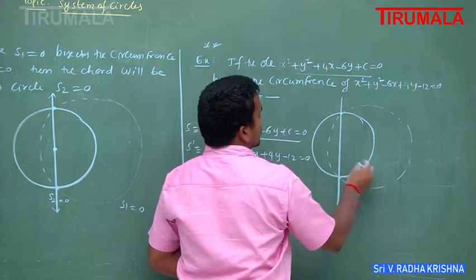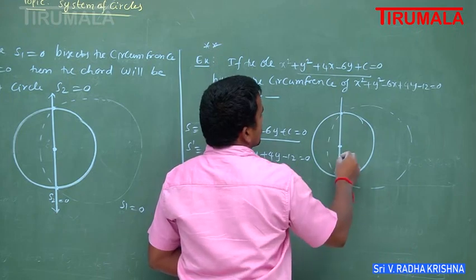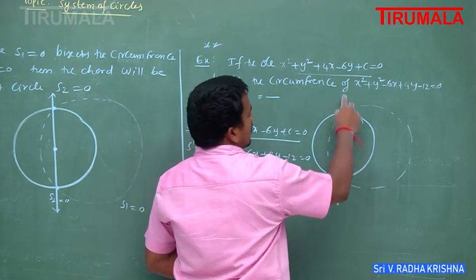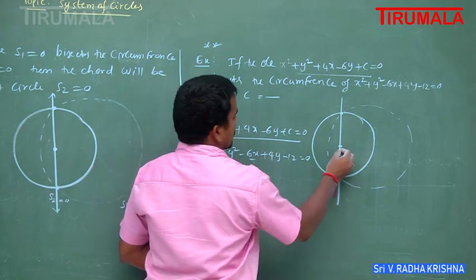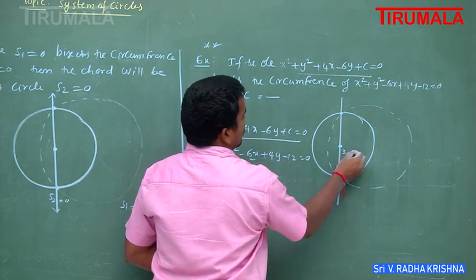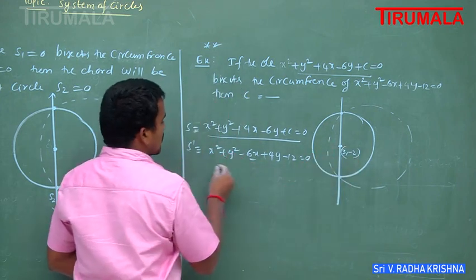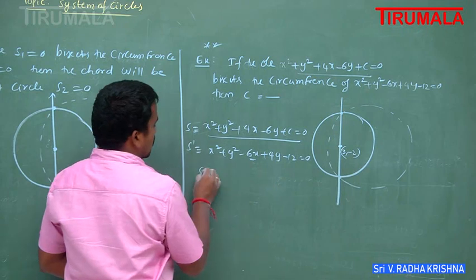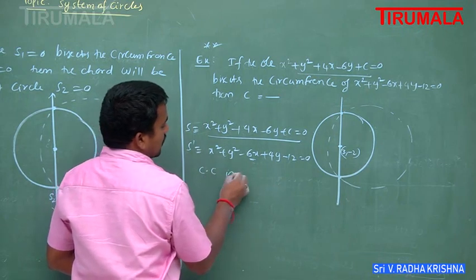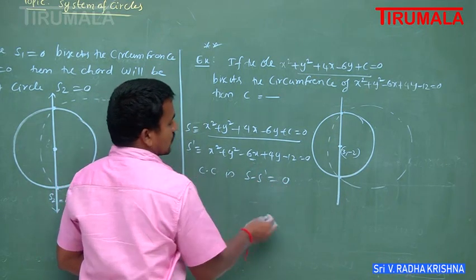First we calculate. The center of the second circle lies on the common chord. The center of the second circle is 3 comma minus 2. The common chord is the diameter of the first circle. The common chord formula is S minus S dash equal to 0.